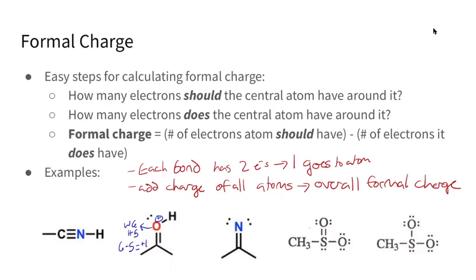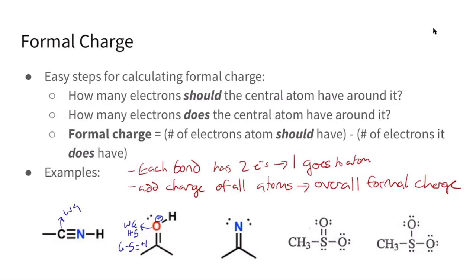So for this molecule right over here at the end, let's take a look. We're going to first do this carbon. Carbon wants to have, or should have, 4 electrons around it, right? So I'm going to go ahead and count to see how many it does have. Wants to have 4.